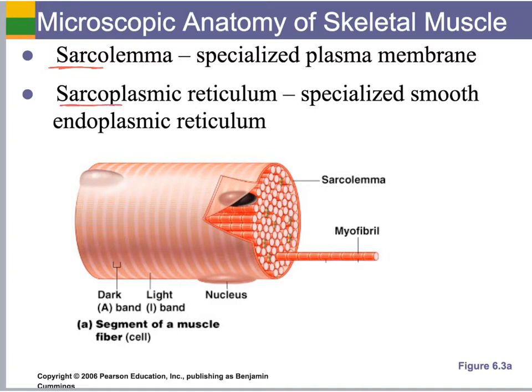The sarcoplasmic reticulum is a kind of specialized smooth endoplasmic reticulum, and it's the sarcoplasmic reticulum that stores calcium. So if you want to write that in there, it stores calcium, and this is really important for when we start talking about muscle contraction, because calcium is the final trigger for muscle contraction.